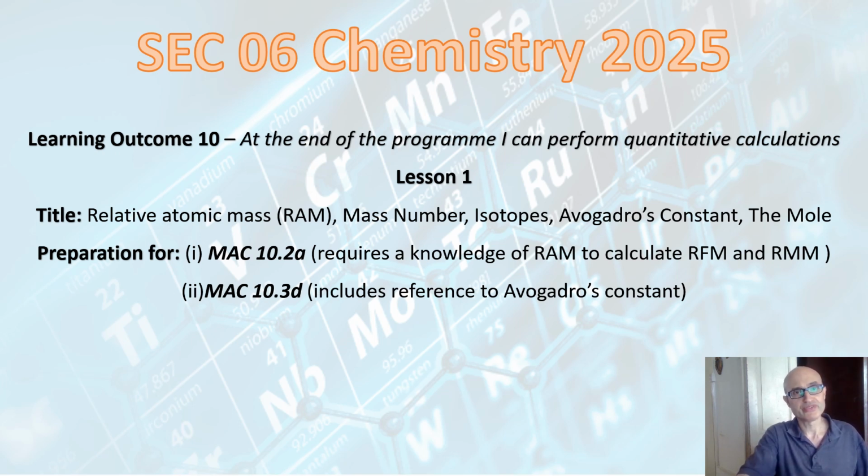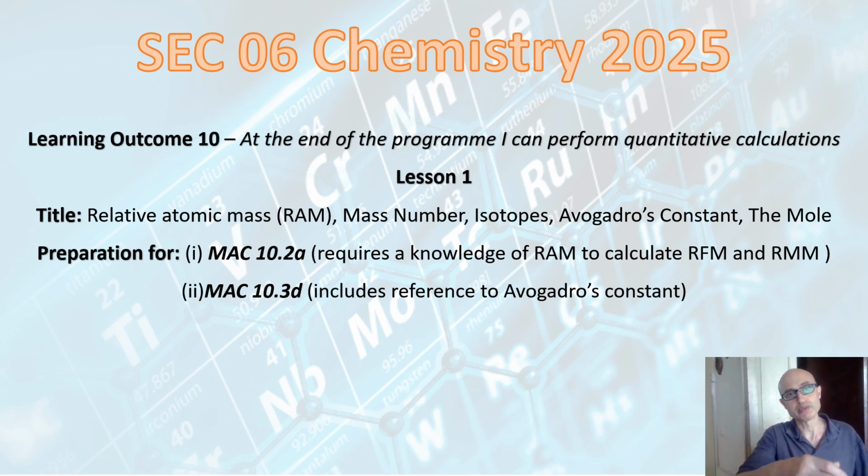Now, all of this is necessary for you in order to prepare fully for MedSec assessment criteria 10.2a and 10.3d of this learning outcome. 10.2a deals with relative formula mass and relative molecular mass.